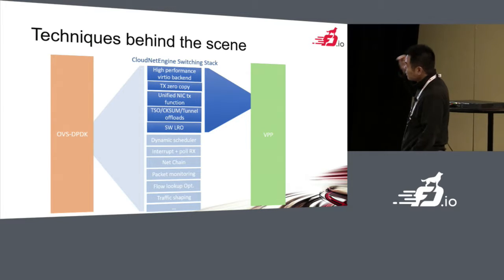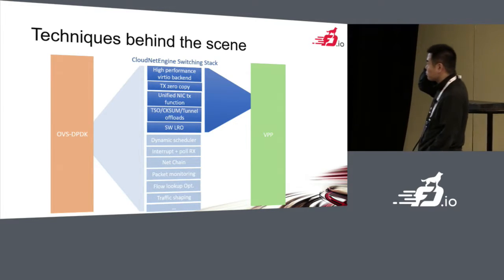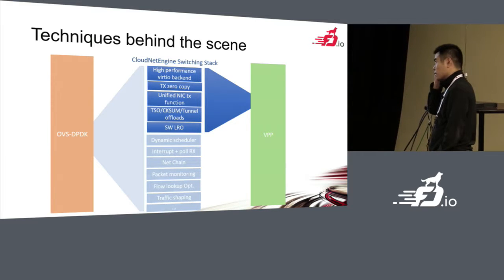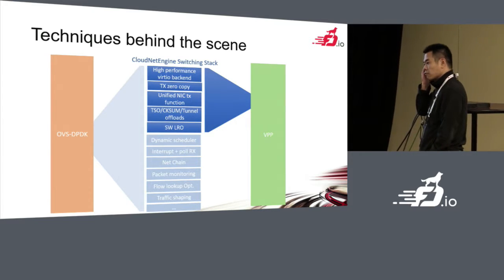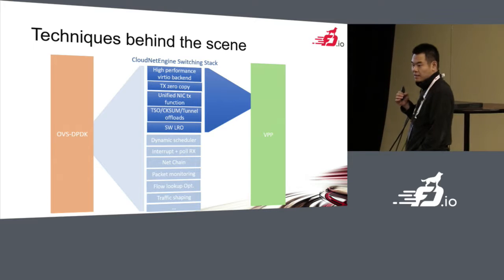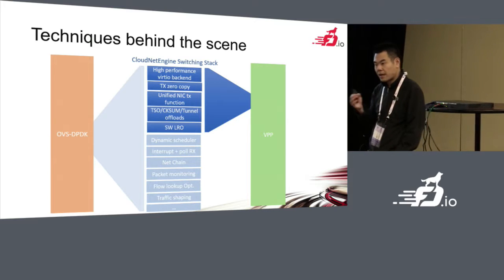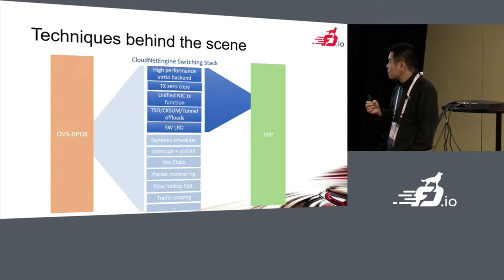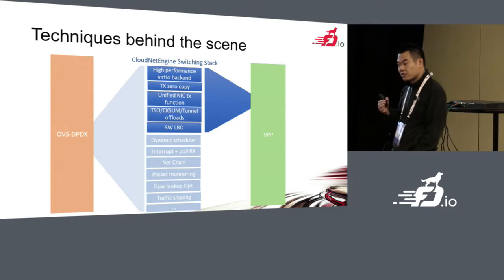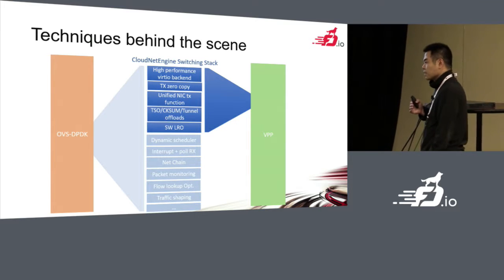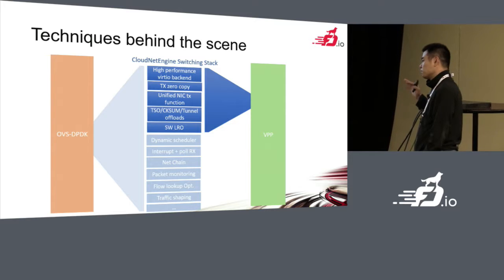The first one is a high performance virtio backend. Right now, VPP has a native virtio backend implementation, but there is still some room to improve the performance.